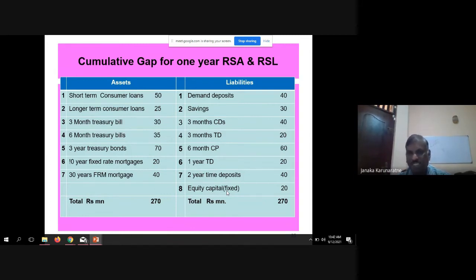Now savings deposits, unless there is a significant change over a period, usually you don't adjust. So we can assume these are not rate sensitive.